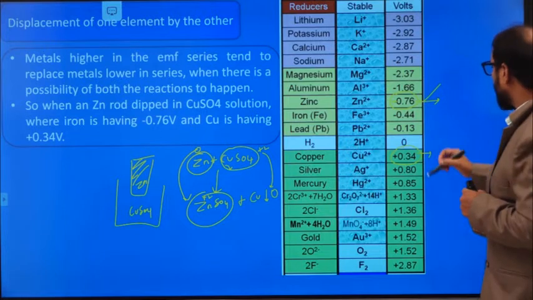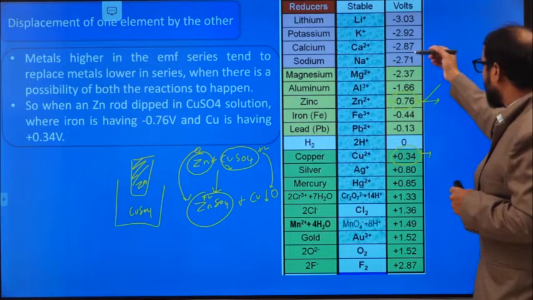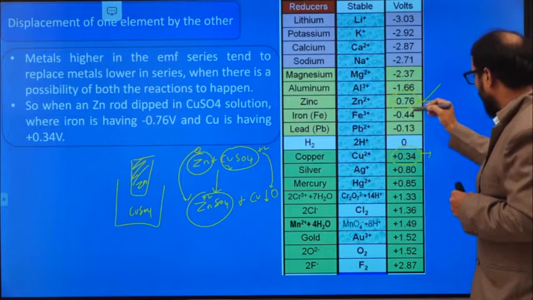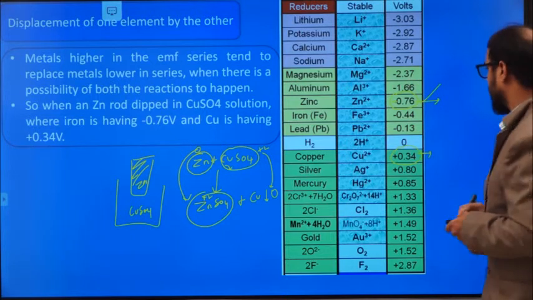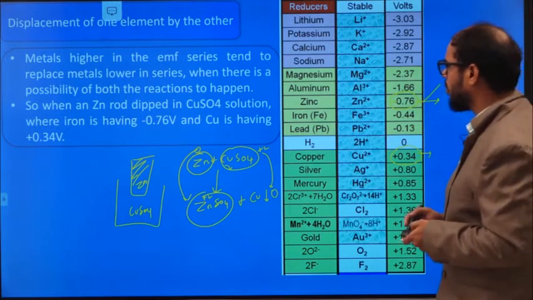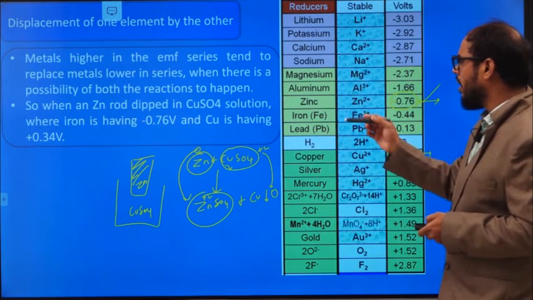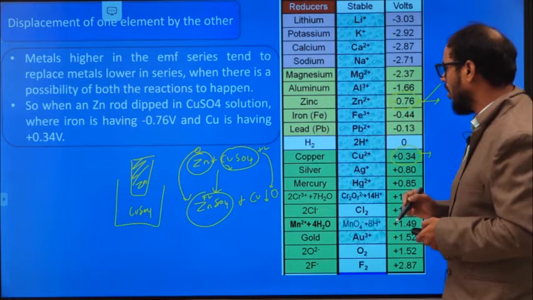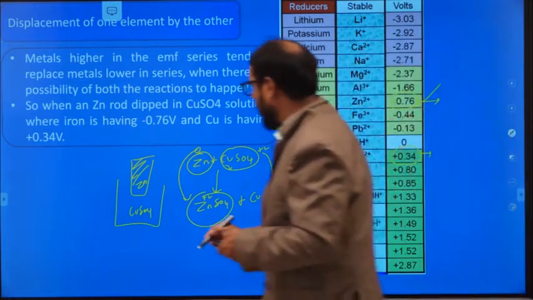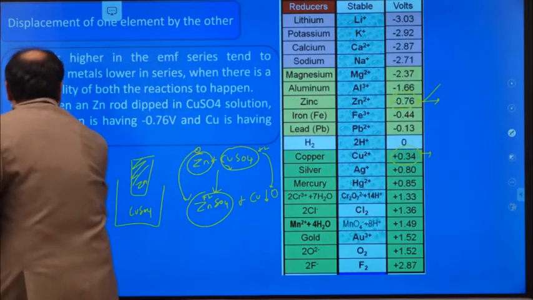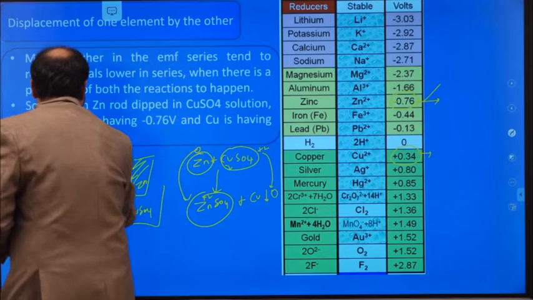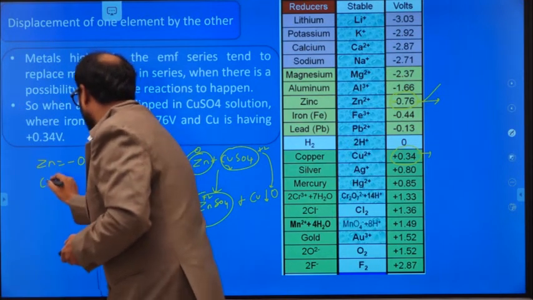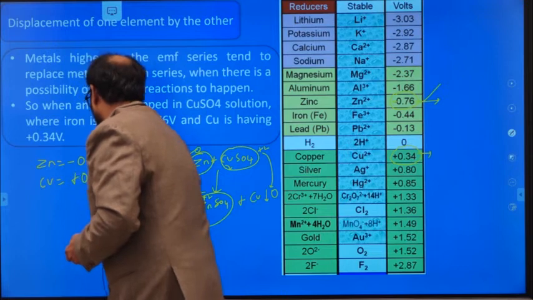The elements on the top can very easily displace the elements at the bottom of the electrochemical series. In this way, I can be sure that the zinc rod is definitely going to displace copper from its solution, because zinc has a value of minus 0.76 and copper has a value of plus 0.34.